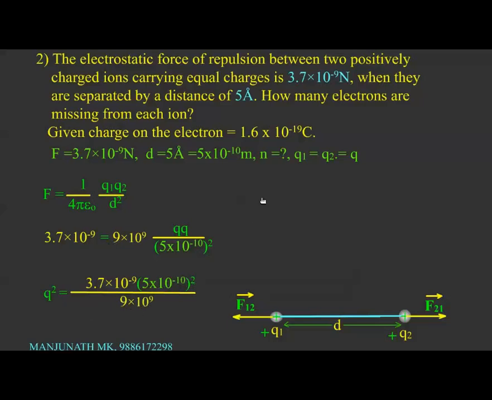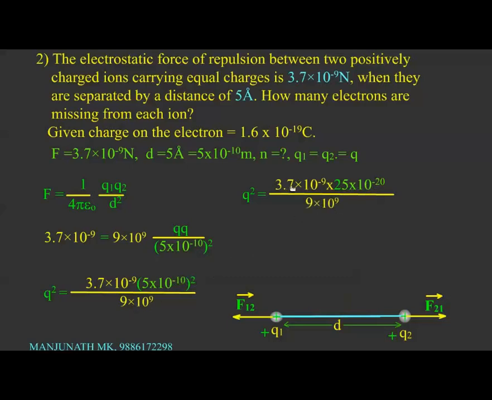And here Q square is equal to 3.7 into 10 to the power of minus 9. This square is there for 5 square and 10 to the power of minus 10 square. 5 square is 25, and 10 to the power of minus 10 twos are 20. And here 9 into 10 to the power of 9.